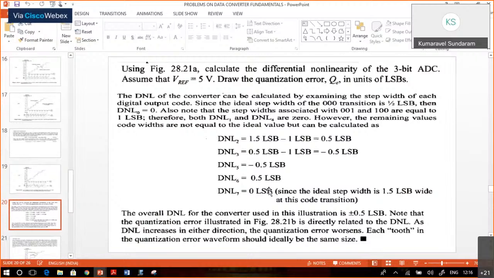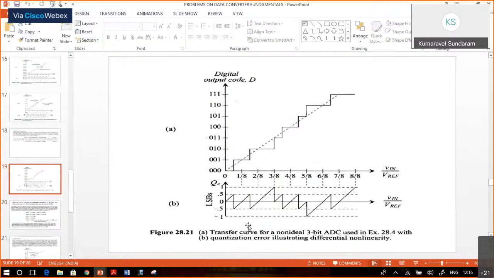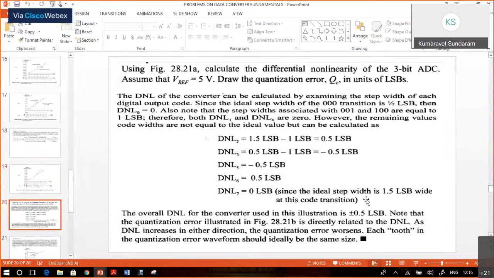We will be calculating the step width like this, and we can plot the DNL value. We can see that the DNL value shouldn't be less than minus 1 LSB. If it is minus 1 LSB, it is not a monotonic ADC. That means missing codes are going to happen.